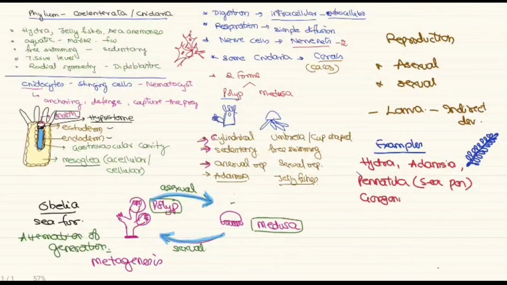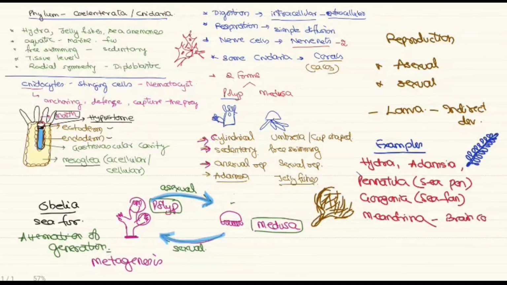Gorgonia, and the beautiful animal called sea fan. It is not your home fan. It is like the fan in the Japanese culture. So this is your sea fan, Gorgonia, as we have a Japanese fan, right? The next example is Meandrina. Meandrina is brain coral.